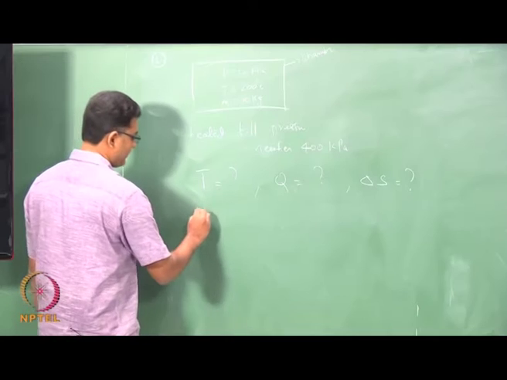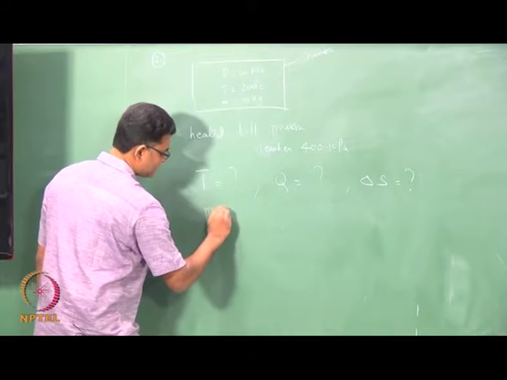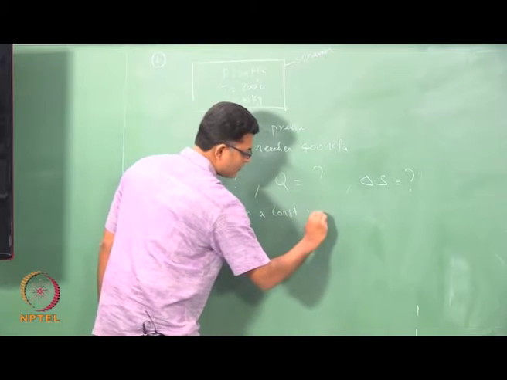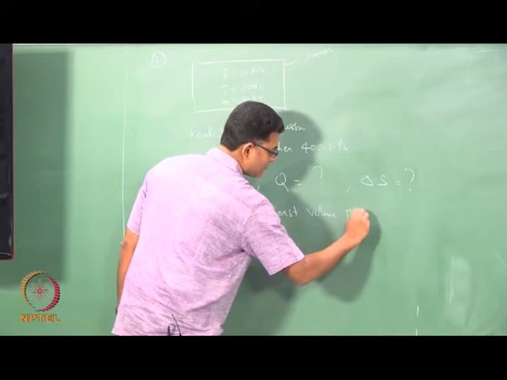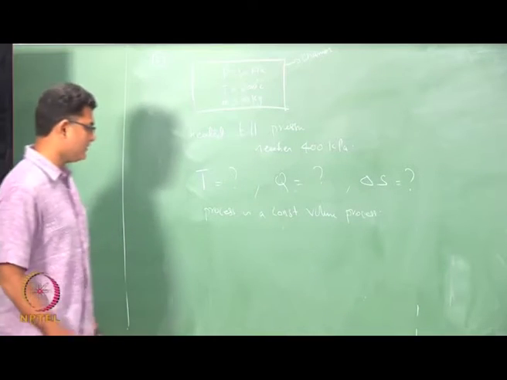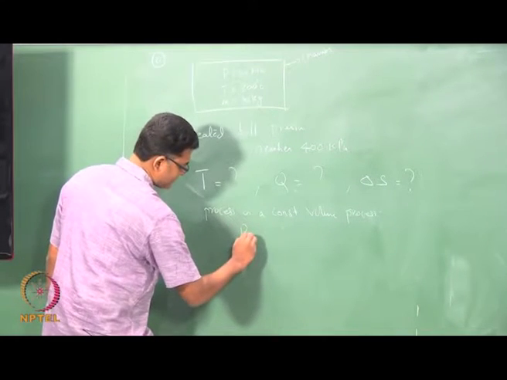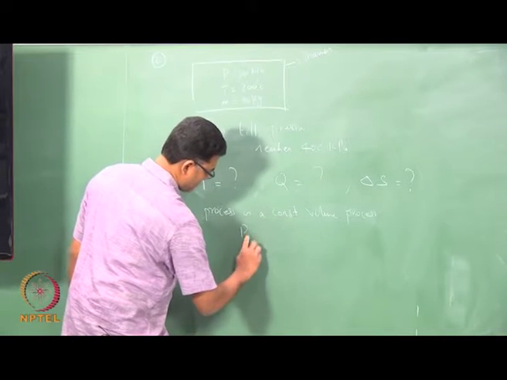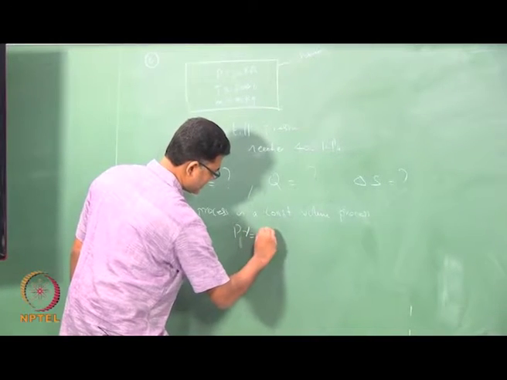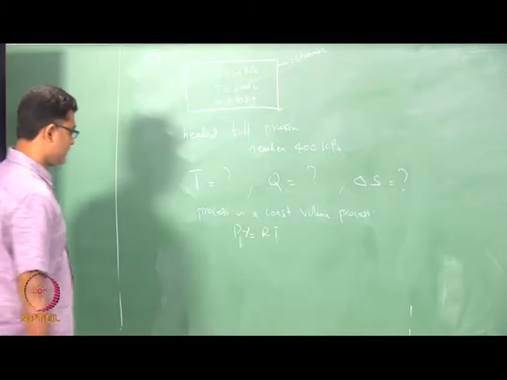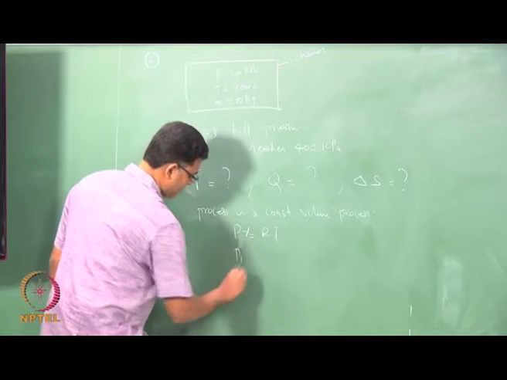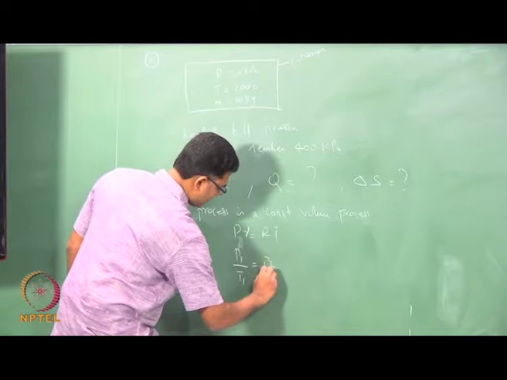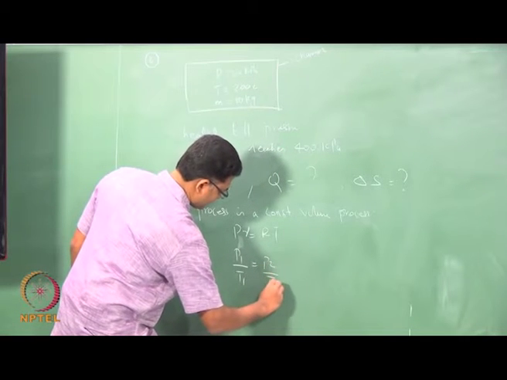So, how do we do this? First we identify the process is a constant volume process. Okay. So, the ideal gas equation PV equals RT. So, between state 1 and 2, this would become P1 by T1 equals P2 by T2.